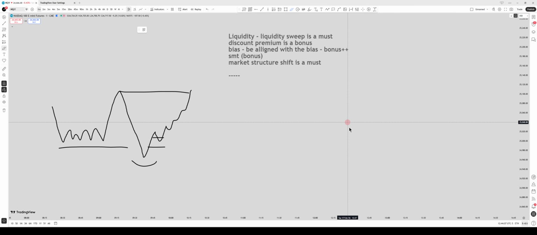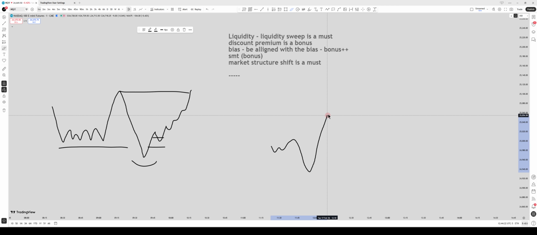One more thing is the suspension block being shown at the distribution, or when price is just rallying to the upside or the downside. Let's say we have something like this, and you just missed the entry, which was down here.